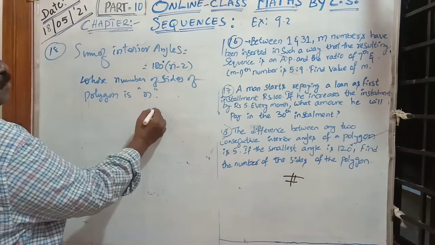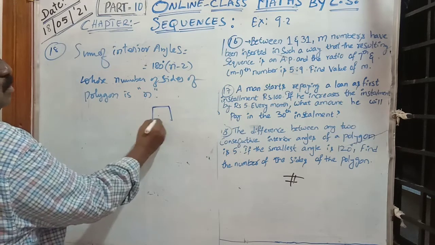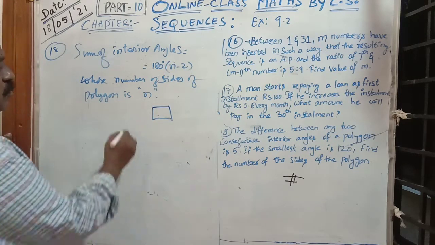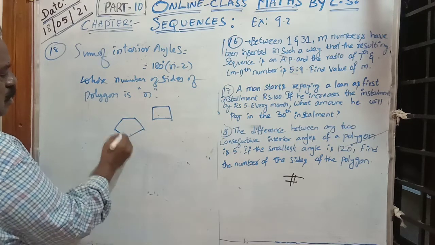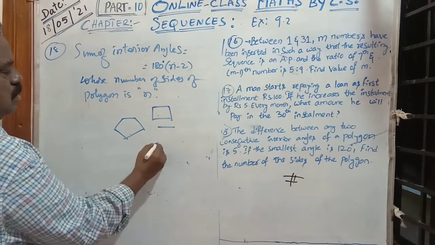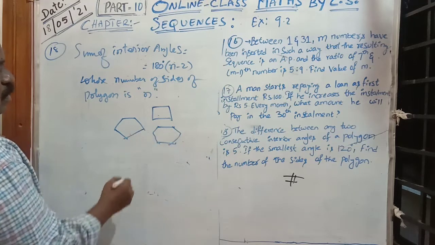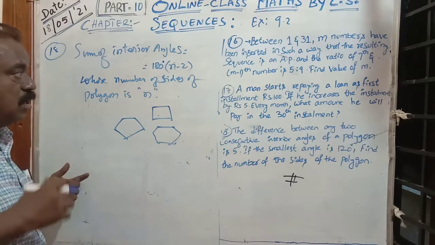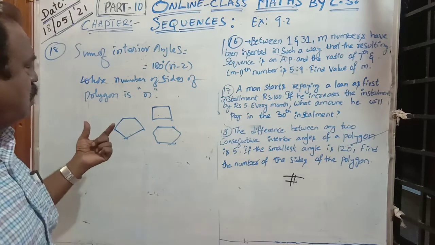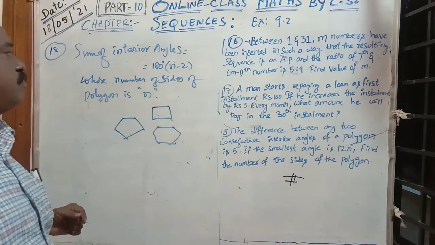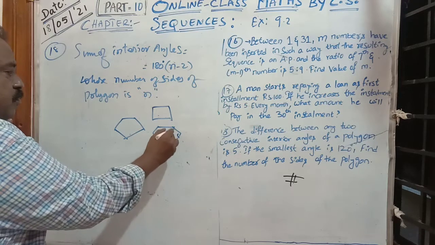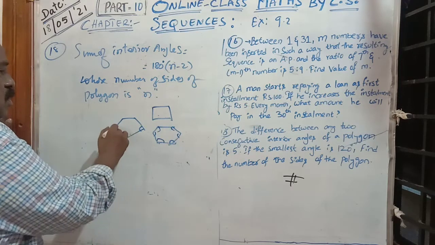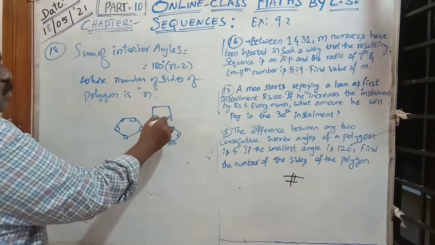Polygon means you see, more than 3 sides. It is a quadrilateral, it is a pentagon, it is a hexagon, like this it is going on. If there is an n-sided polygon, then the sum of interior angles is given by this formula. Is it applicable? We will see.